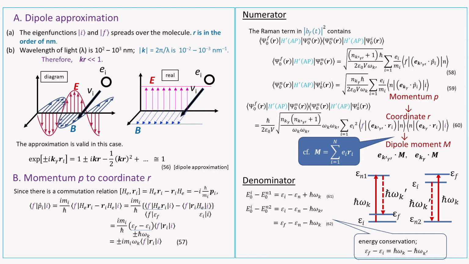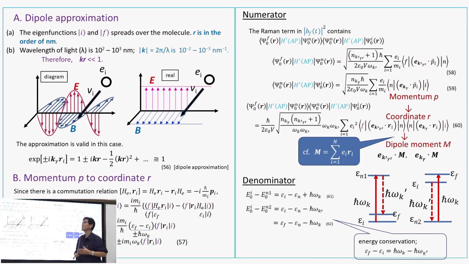Eigenfunctions such as I or F or N belong to the molecule, and they describe the distribution of the electrons around the molecule. So we can expect that the size of the wave function is nearly the same order as the size of the molecule, small. It's a function of R, the position vector, and the size of the molecule is on the order of a nanometer or 0.1 nanometer, small.